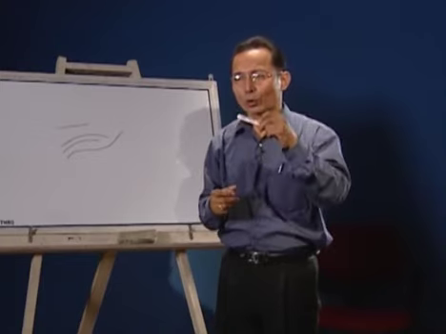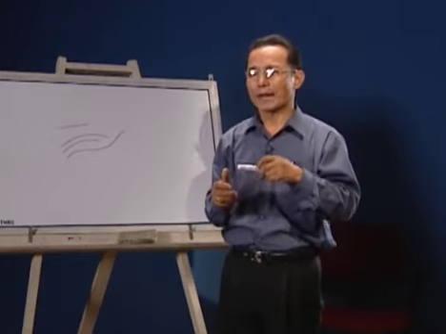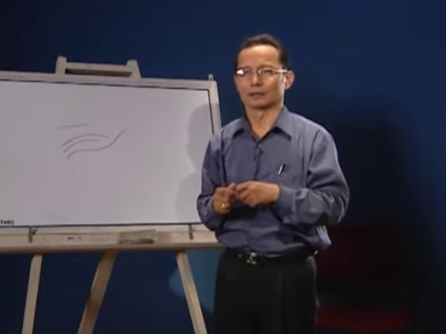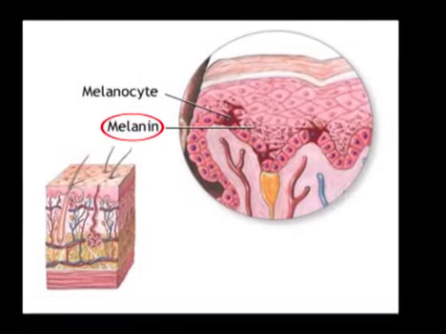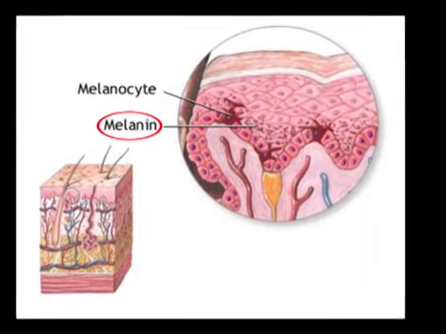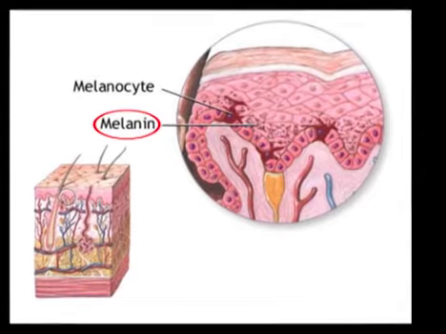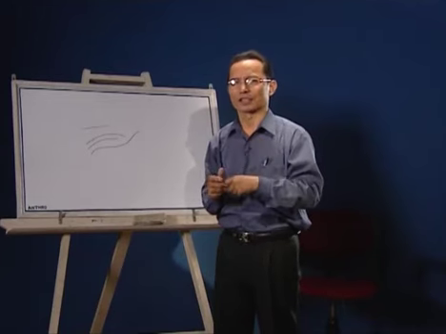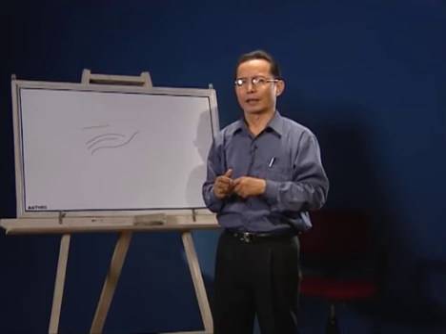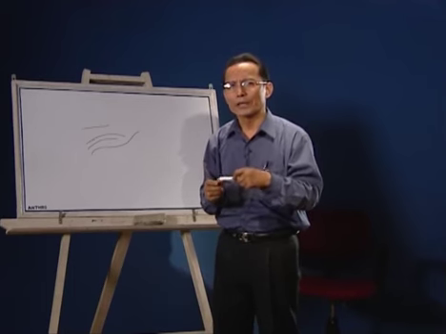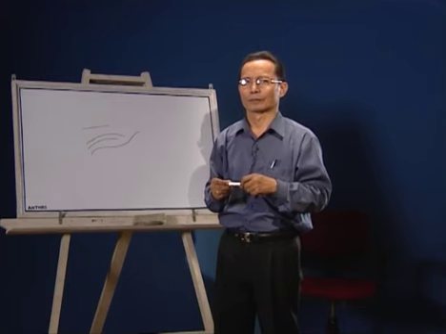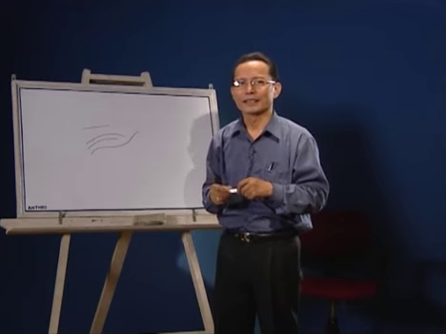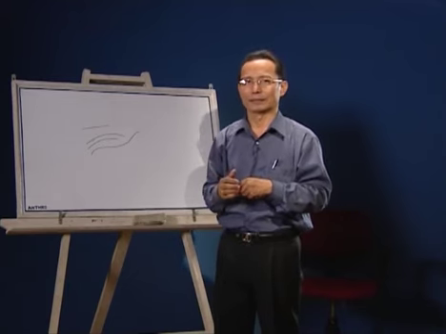But out of those pigments, the first pigment which I have mentioned, melanin, is a black substance, and the most important pigment which determines the color of the skin.